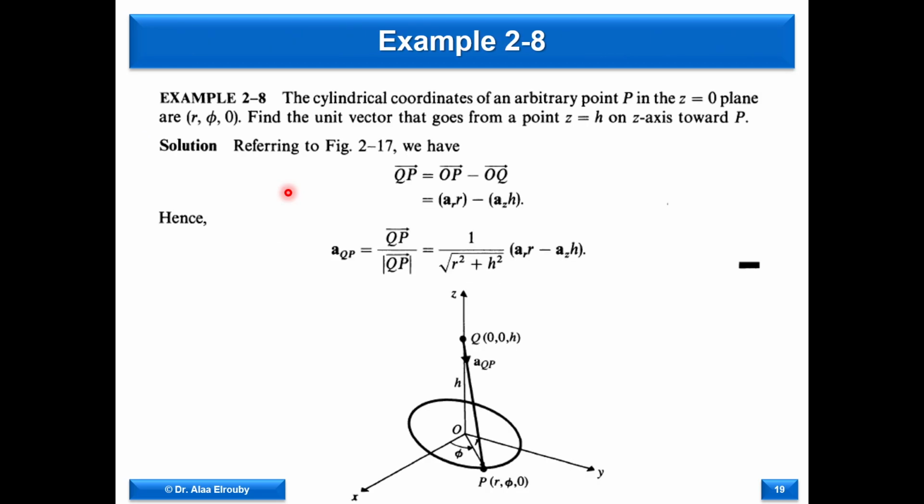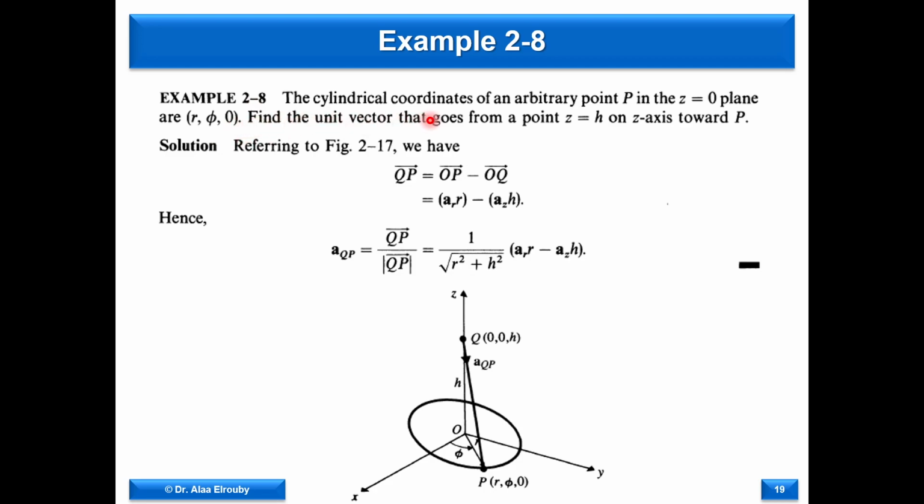So let us apply this with an example. The cylindrical coordinates of an arbitrary point in the z equals 0 plane, so a point B in the xy plane. Z equals 0 is the xy plane, so the coordinates are r, phi, and 0.